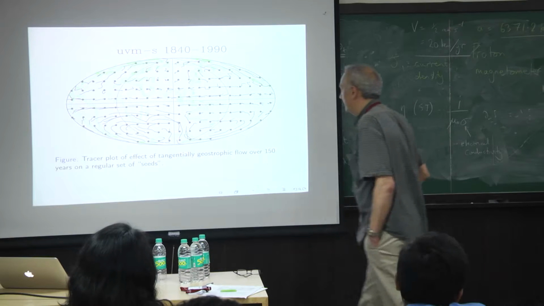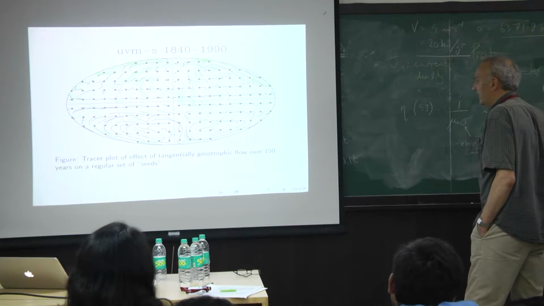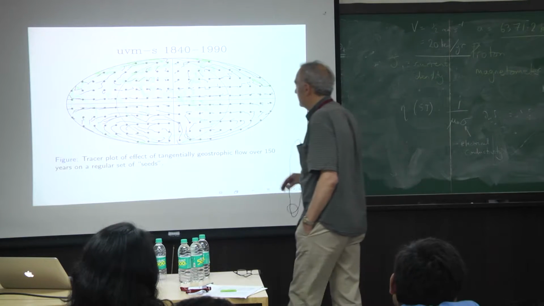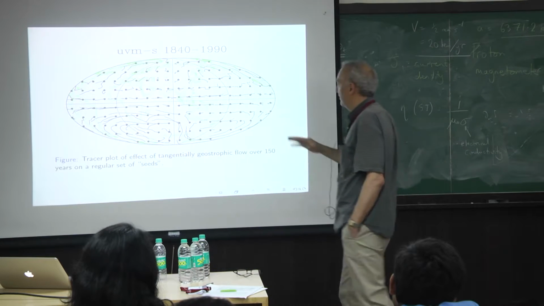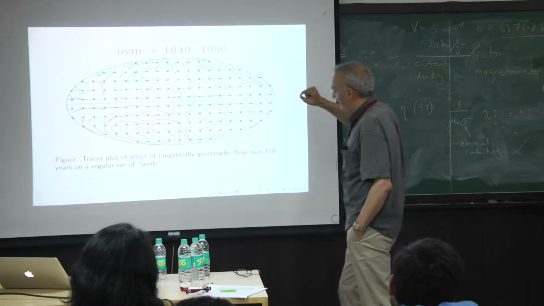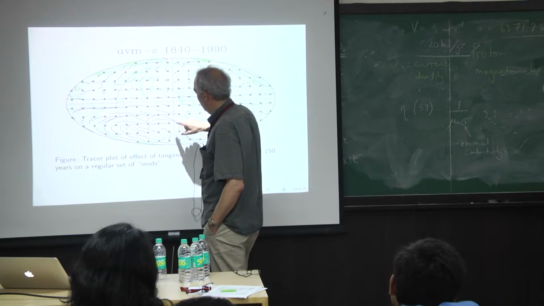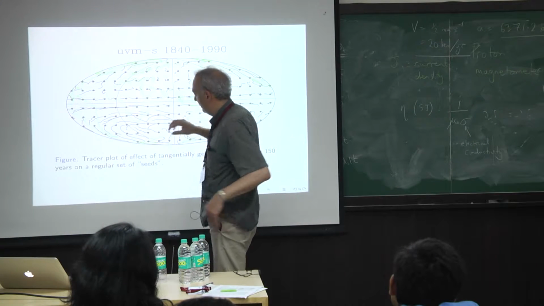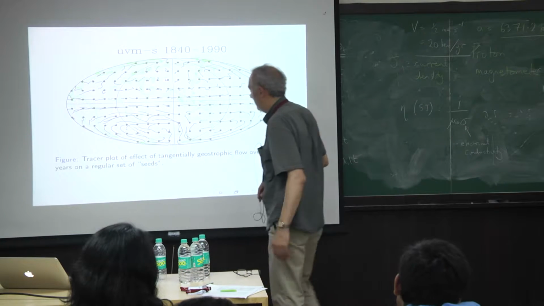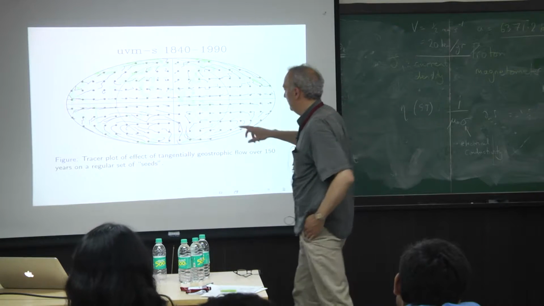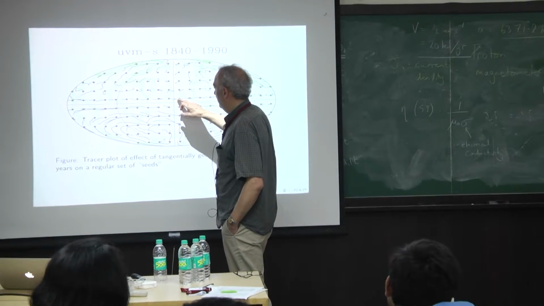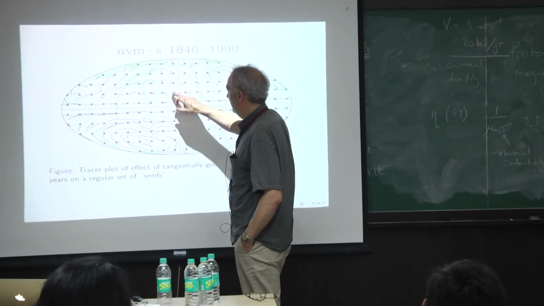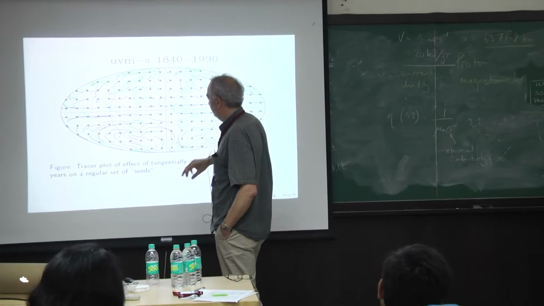Okay, well that just does the same thing. This shows you what's been happening over the last 150 years. I just put some traces into the flow and allowed it to advect the traces forward in time. But one of the key things is you will see that there are some regions on the Earth where you can see this time variation in the flow.